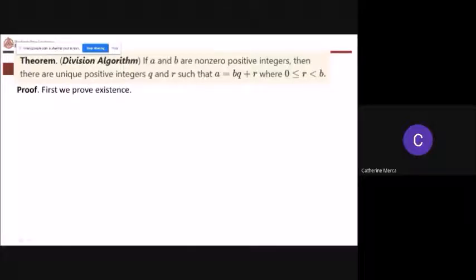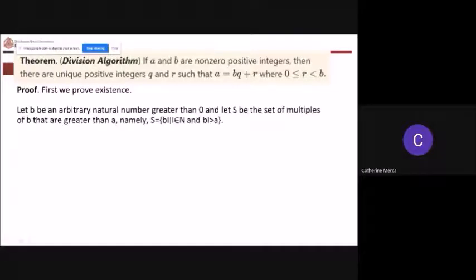You consider a natural number b greater than 0, and you have S be the set of multiples of b that are greater than a. Namely, your S is equal to the set containing bi, where i is an element of the natural numbers and bi is greater than a.